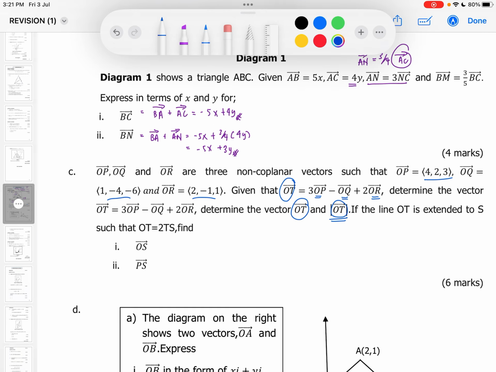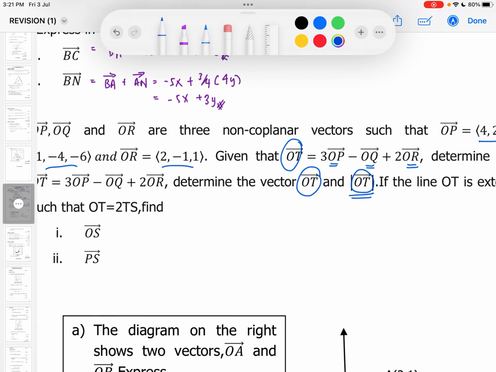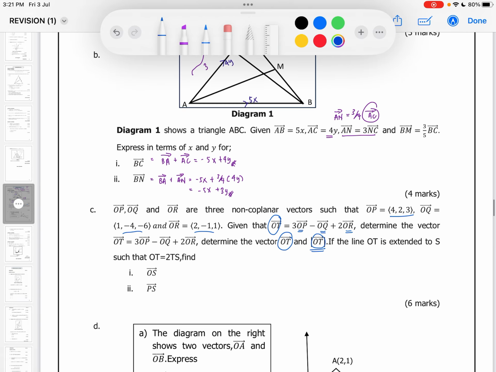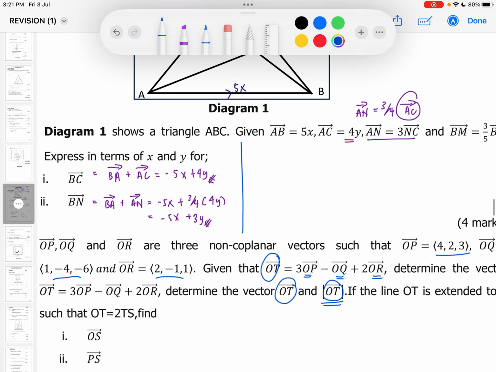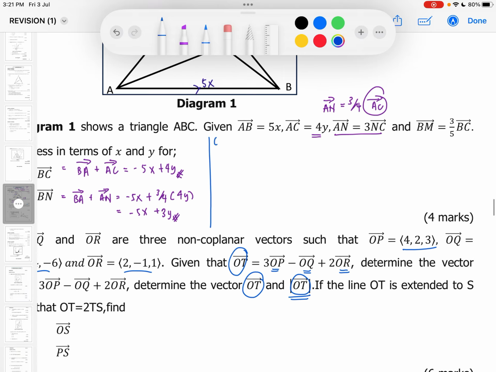Okay, so first let's find OT. This one is tight on space, so I'll do it up here. So this is C, right? Let's find OT. So OT equals 3 OP minus OQ plus 2 OR. So we basically multiply with the values given: 4, 2, 3 for OP.